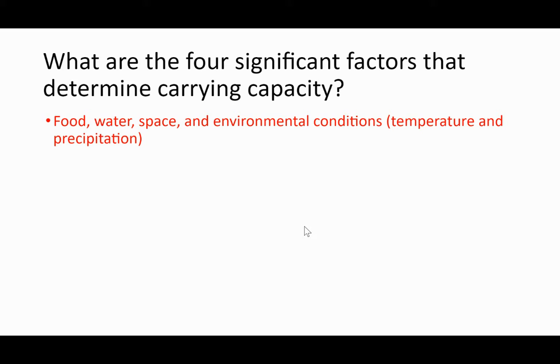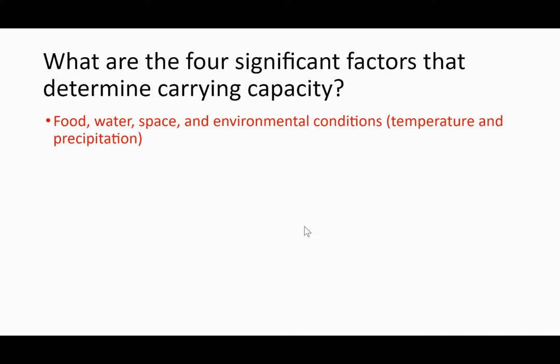Is there enough food for organisms to have enough energy to survive and reproduce? Same thing with number 2, water, right? Water is essential. You can't go more than a couple days without water.